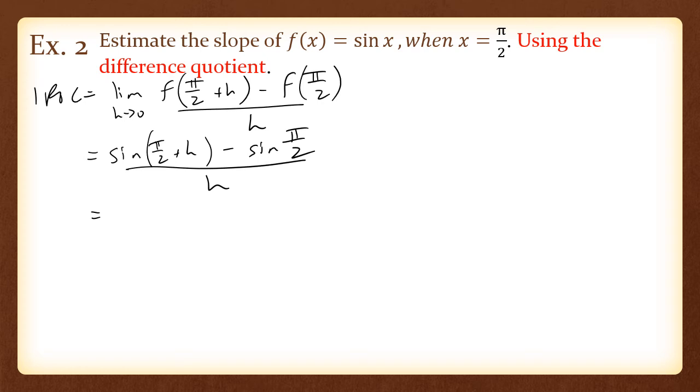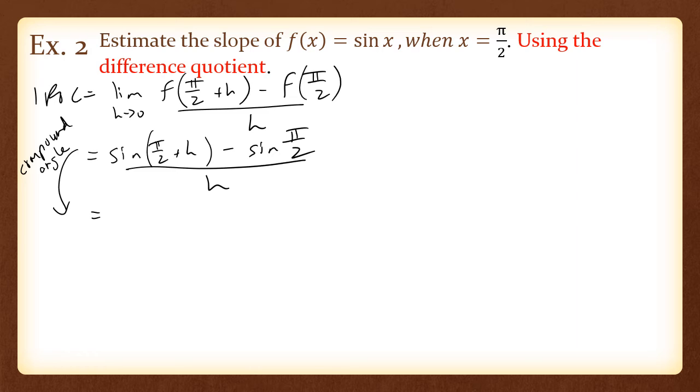Now there are a couple different ways that you can get to your final answer here, or at least part of the way. You can use a compound angle formula or a cofunction identity if you want. So to get from here to here, I'm just going to make a note. You can use a compound angle formula, so you have that on your formula sheet. That would be the compound angle formula for sine for addition.